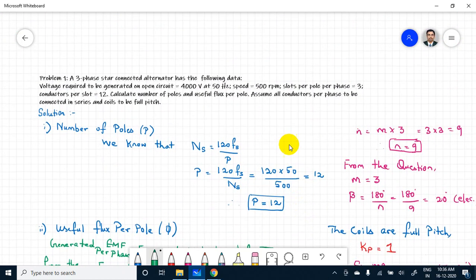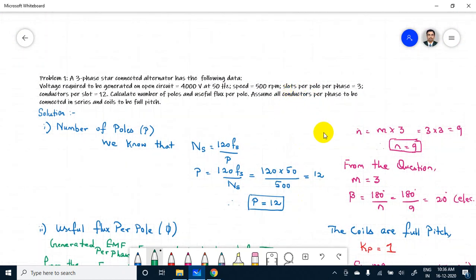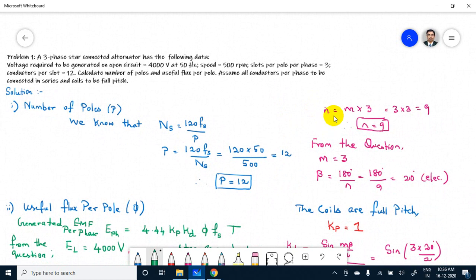You go through this question. Here, n stands for the number of slots per pole. Okay, n equal to 9. Now, if you calculate in terms of phases, how many slots are connected in every phase? It should be 3.